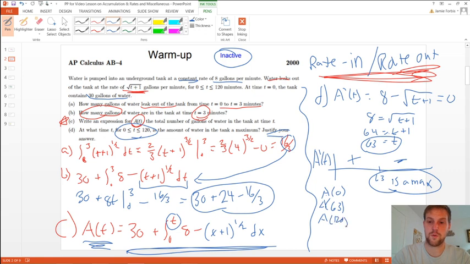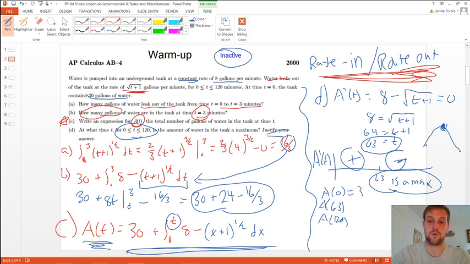I don't think it's required for this problem because we only have one critical point, meaning it goes up to a max and then decreases. So 63 is guaranteed to be the absolute max. The endpoints can't be the absolute max because there's no way, based off of this interval, for them to ever go beyond 63. But it doesn't hurt to figure out what these values are.